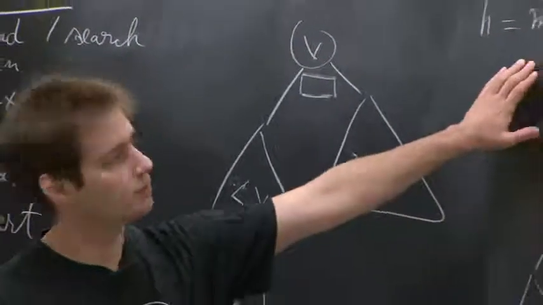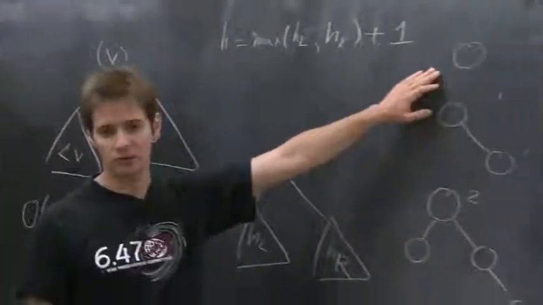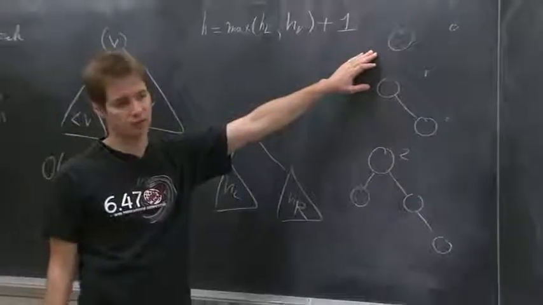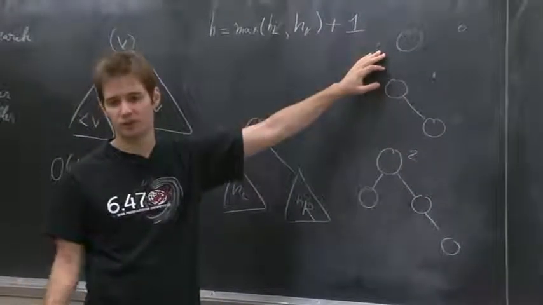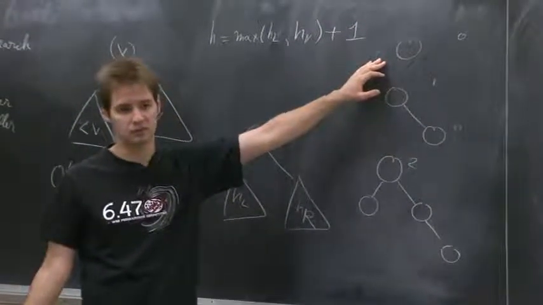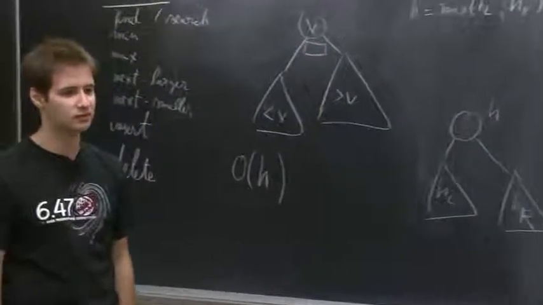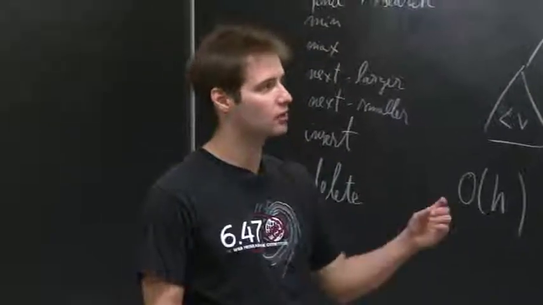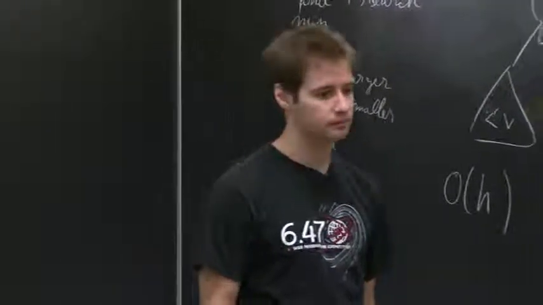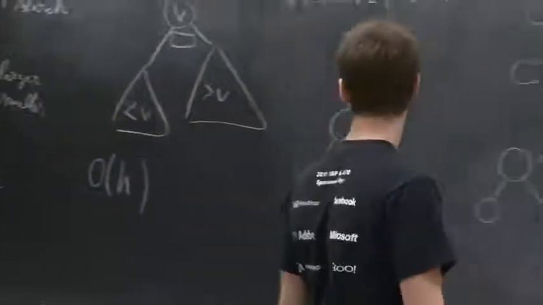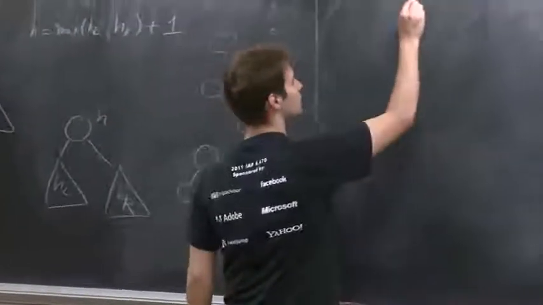This is how we update it. And in order to update it for this case, where we're at a leaf, we have to say that the height of a non-existing tree is -1. Of course, in theory and in real life, there are no non-existing trees. So this is a clever hack to reduce code size. So we said binary search trees would look something like this.